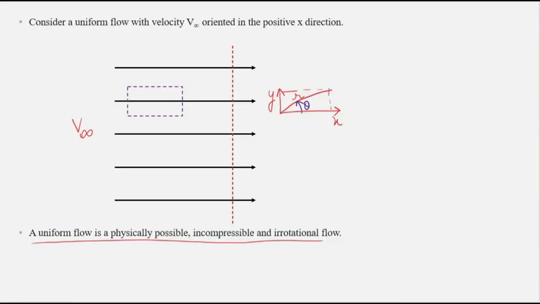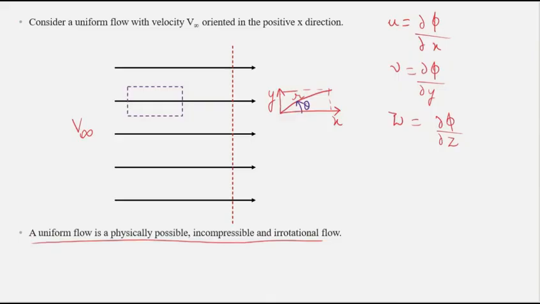Now we had derived some equations for the velocity, that is, writing velocity in all three directions in terms of phi. So u is equal to ∂φ/∂x, v is equal to ∂φ/∂y, and w is equal to ∂φ/∂z. Correct?